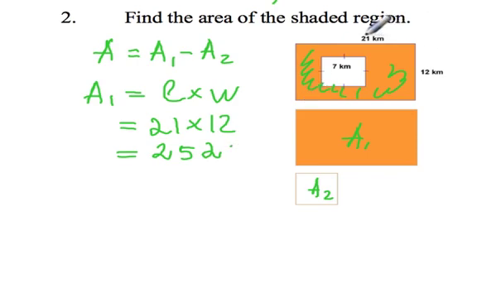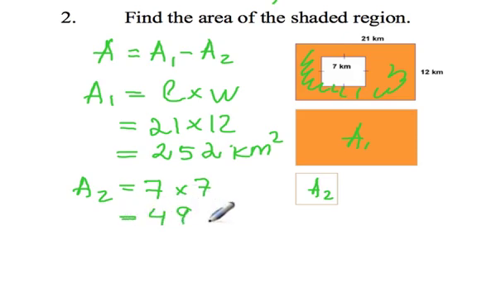In other words, we multiplied kilometers by kilometers, so that's kilometers squared, or square kilometers. Area 2 is this little square, and so all the sides are 7 kilometers. So length is 7, and the width is 7. That equals 49 kilometers squared.